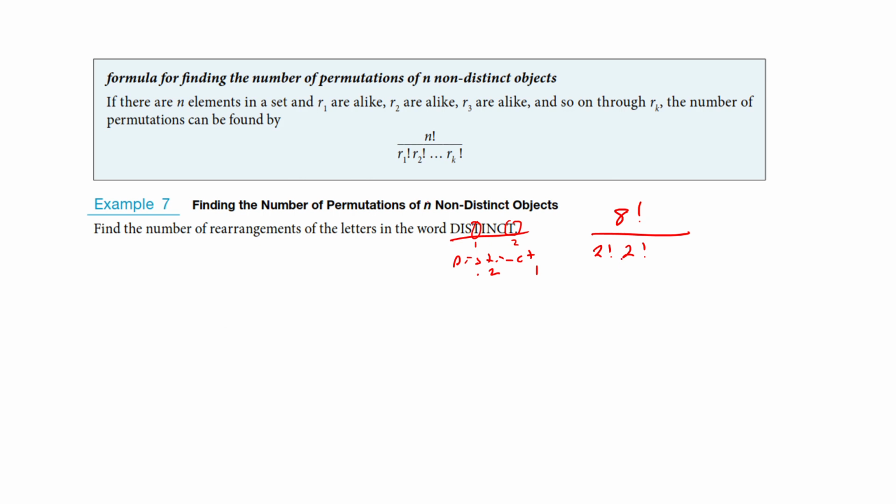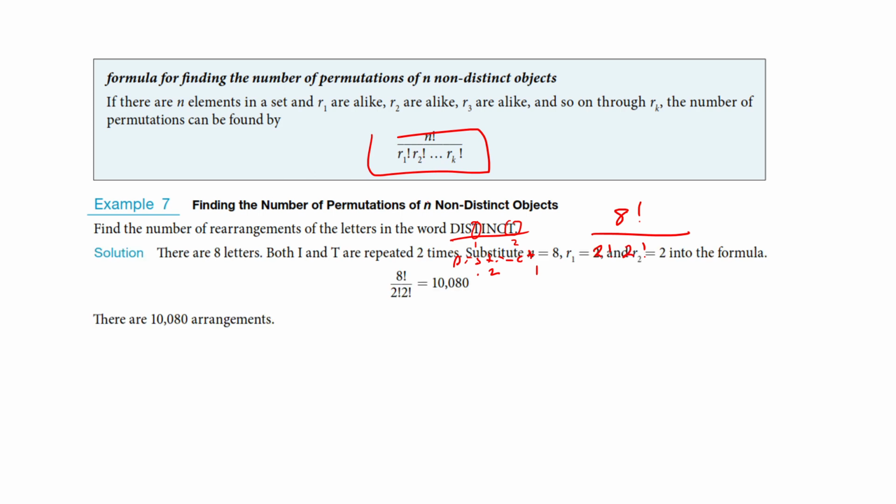So I would divide them away. In other words, how many options do you have? That's n factorial. But if you have any repeats, things that are not creating unique permutations, then you just divide them away with a factorial. So we have 8 factorial, there are 8 letters, but T and I both repeat. So 2 factorial, 2 factorial, we're going to divide that away. And I get 10,080 permutations.